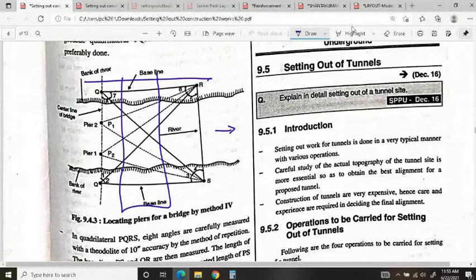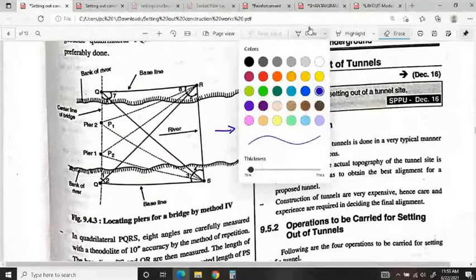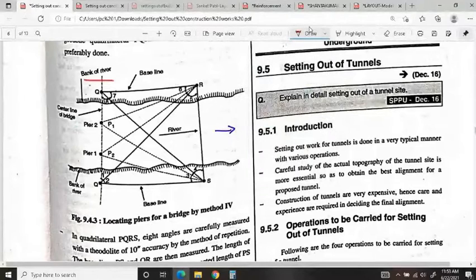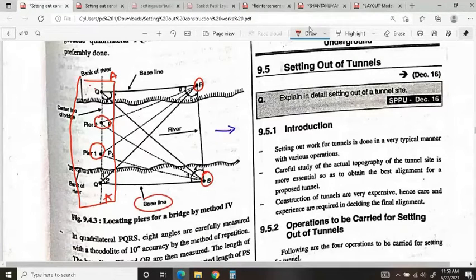If you want to construct, then what we are doing, we are giving the control points. These are the abutments. Here we have piers. So we are establishing the control points away from the center line. And this will be our baseline.